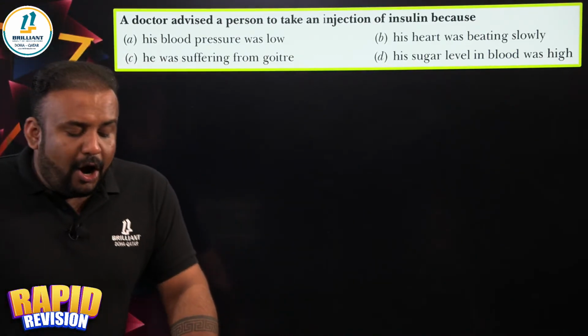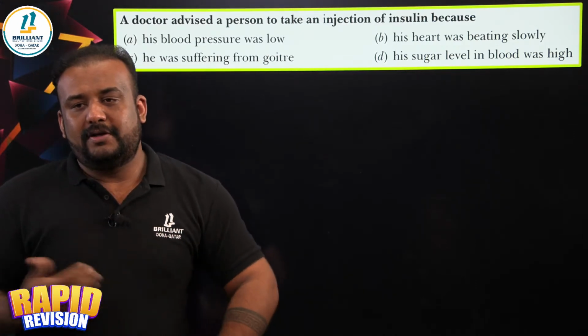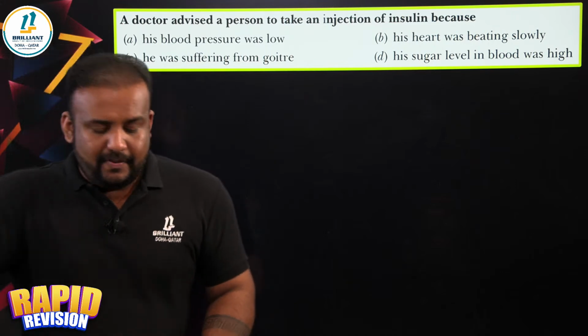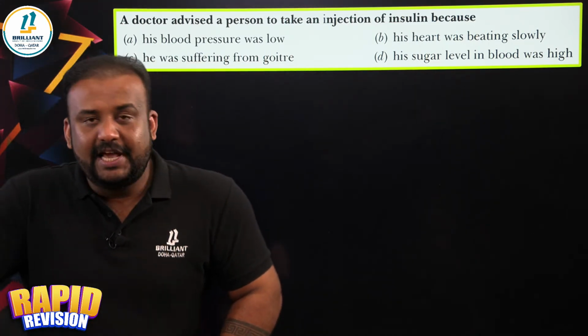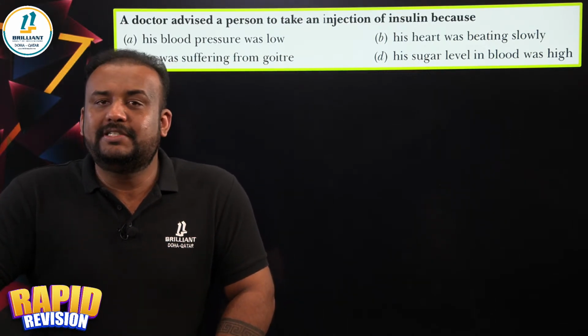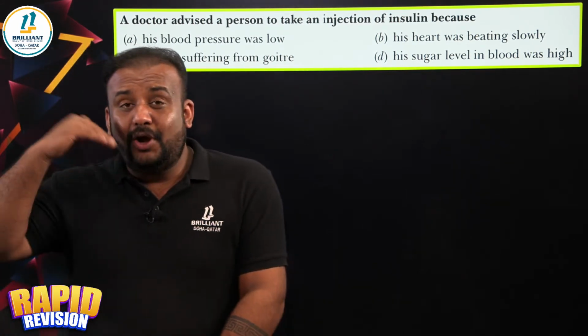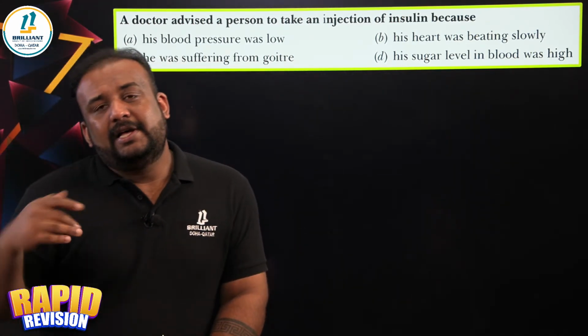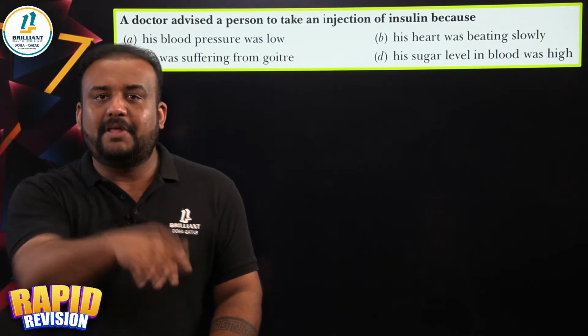Right. A doctor advised a person to take an injection of insulin because, come on, it's an easy question. Why would the doctor ask the patient to take an insulin injection? You know that insulin is a hormone secreted by our endocrine gland called pancreas. The normal function of insulin is it helps in absorption of glucose by the cells from the blood.